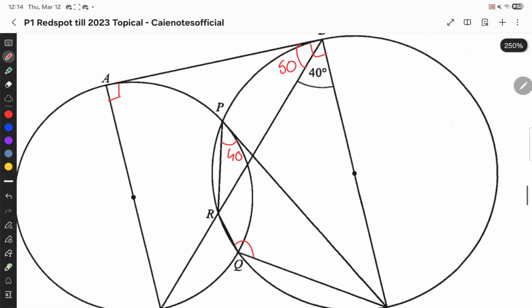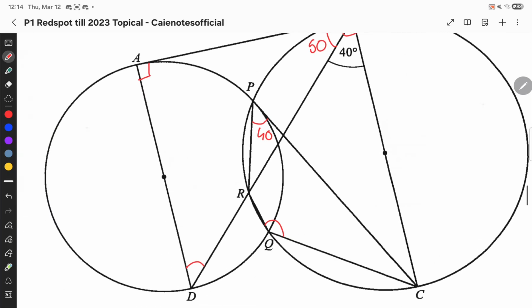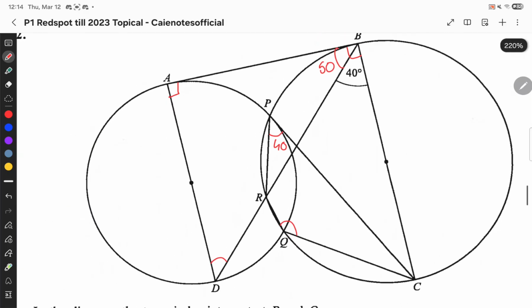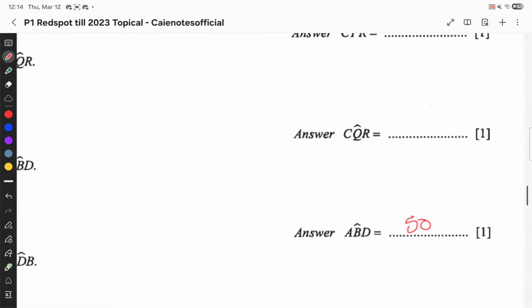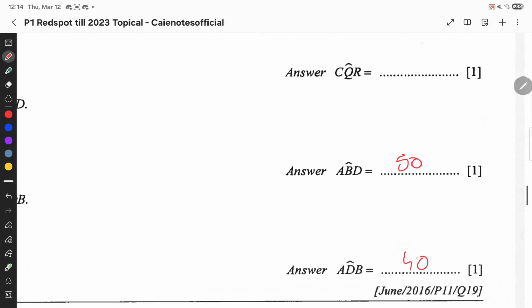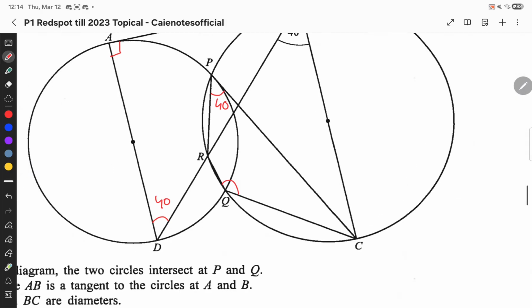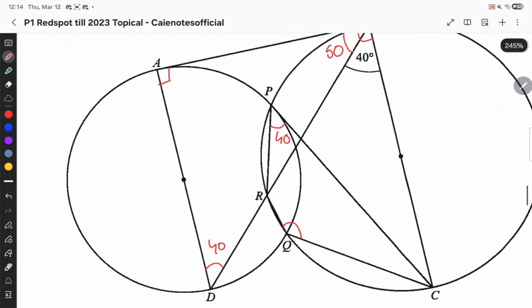And ADB can be found by completing the triangle, this large triangle. This is 40. So we find these two and CQR, C, Q and R.